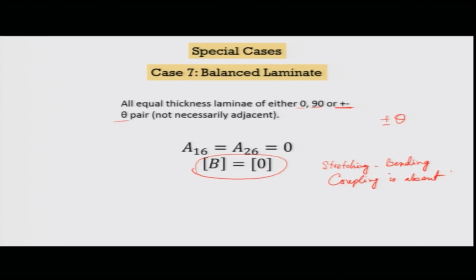And A16 and A26 equal 0. So, what it means is that the normal stress and shear strain coupling is also 0. This is a very special case where, if the plies consist of equal thickness and angles of either 0 or 90 or plus minus theta, then we get this kind of balanced condition of a laminate.